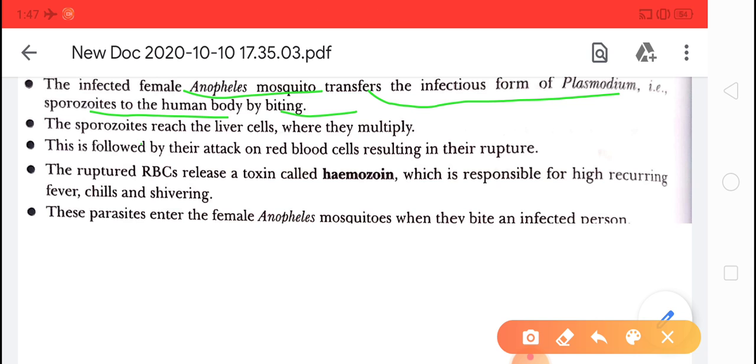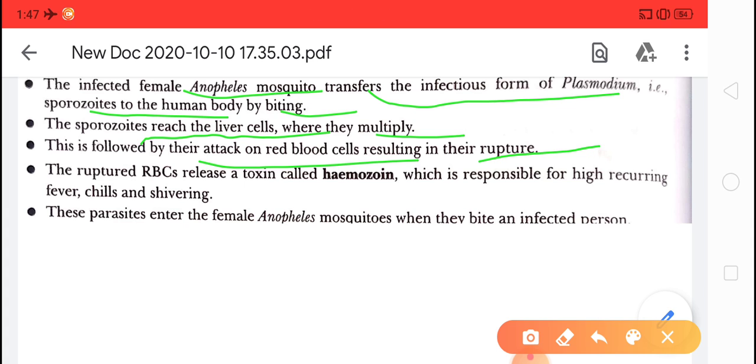After that, the sporozoites reach the liver cell as we discussed, and they multiply. After that, they go to the RBC. In liver cell and RBC, asexual reproduction takes place in the Plasmodium. Then the liver cell ruptures, the RBC ruptures, and they are released again into the blood.